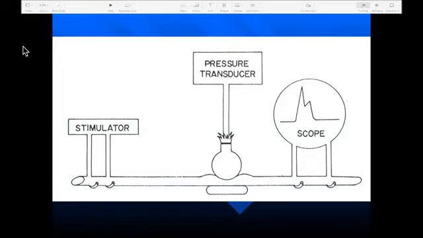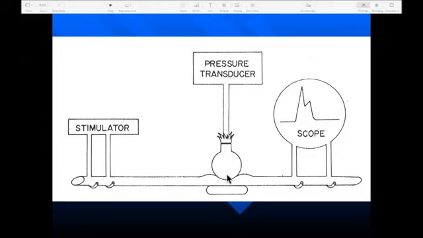And this is the arrangement that he used. He had a stimulator. Here, of course, is the nerve, and he recorded the image of the impulse on a storage oscilloscope, which allowed him to see what happened to the amplitude over time. A pressure transducer was used to record the amount of pressure that was placed in a balloon and a plastic foot underneath.